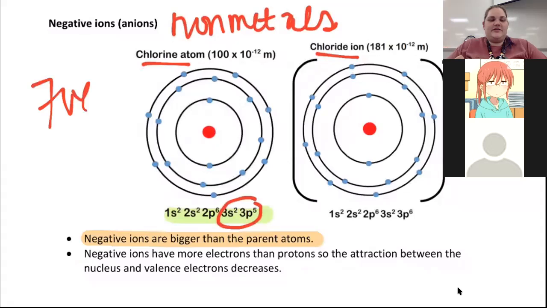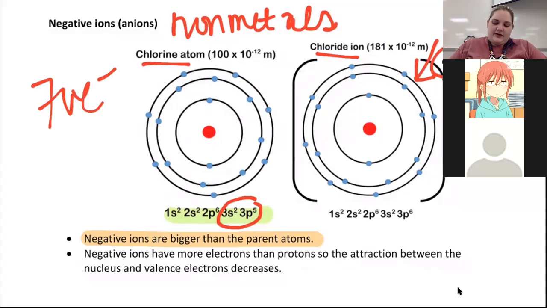And since it has 7 valence electrons, it wants to gain 1 more to get to that full octet of 8. And so that's what happens. It'll find some metal like sodium, and it will take an electron from that metal. And so if I look over here now, it has 8 valence electrons in the outer shell because it gained 1 electron. So that's why it has a -1 charge.